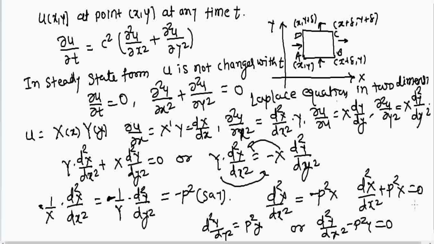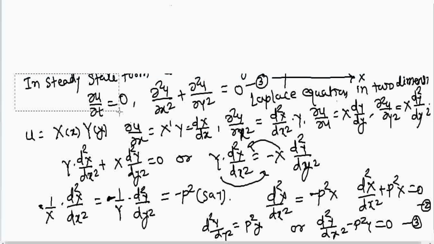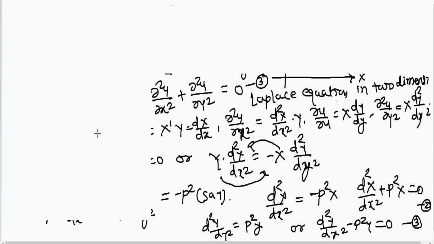So let us call this equation number 2, and this equation number 3, and this is my Laplace equation. These are second order ordinary differential equations, and we know how to solve them. First, for solving this ordinary differential equation, we have to find the auxiliary equation.